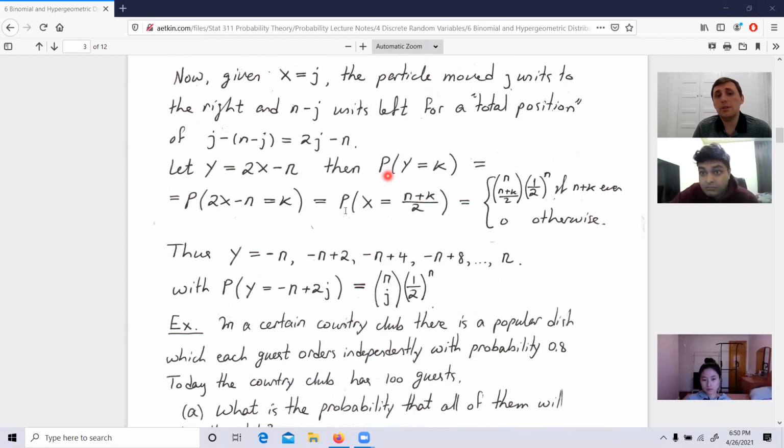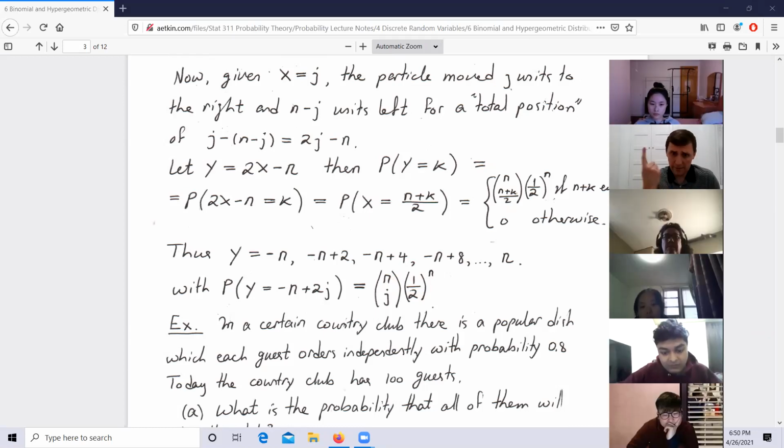So what's the probability that Y is equal to minus n plus 2j? That's the same as the probability that X is equal to j, which means I executed j right moves, which is n choose j times 1/2 to the power of j times 1/2 to the power of n minus j. So altogether it's just n choose j times 1/2 to the n. Good? You understand how I obtained that formula?